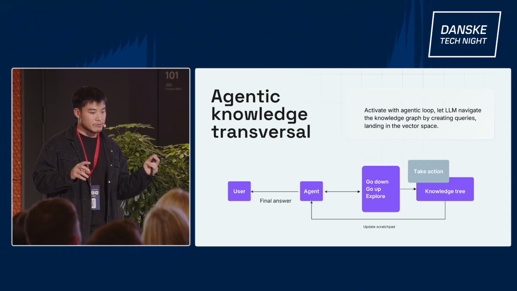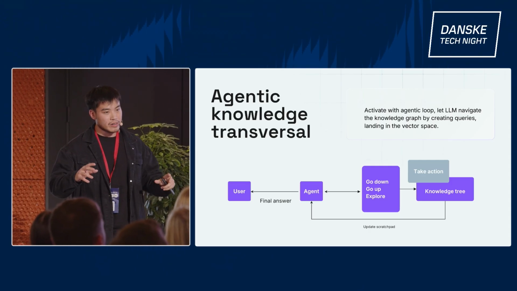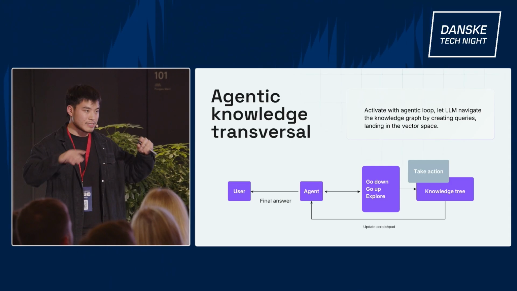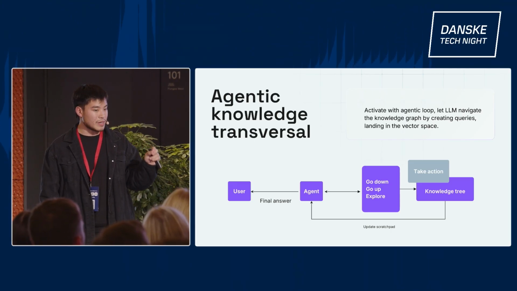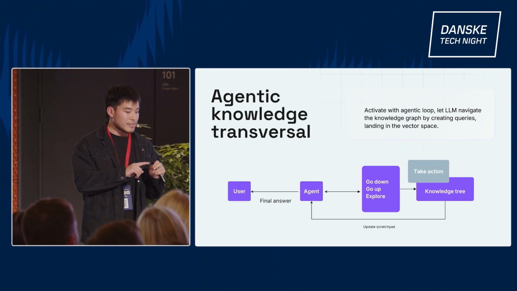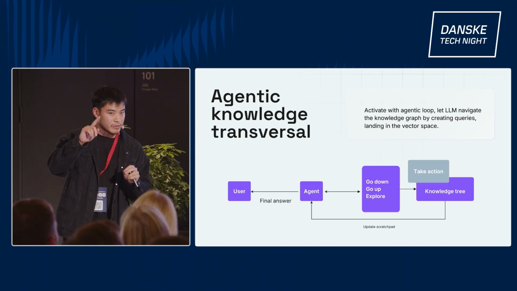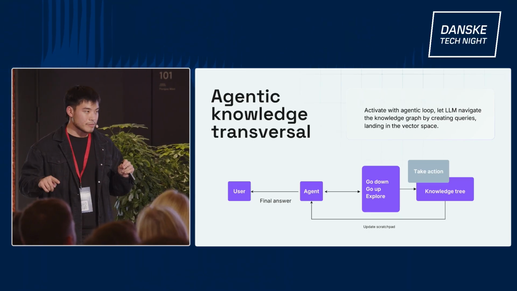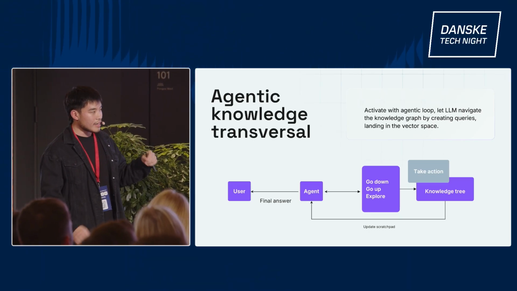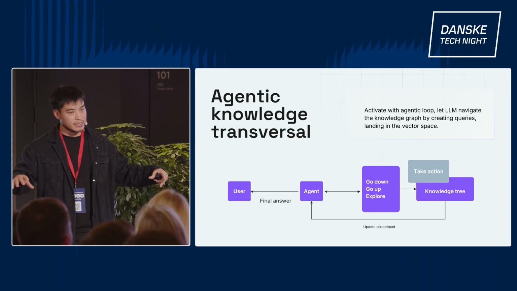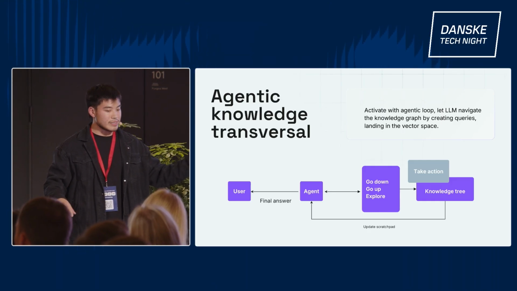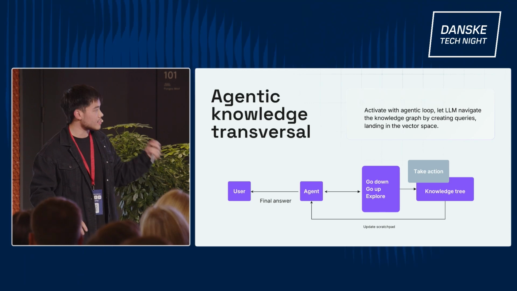Given the query, it will land somewhere in the graph that we were saying. It's kind of in a tree structure, and it lands in a specific node based on semantic similarity. Then it can either go up and go to the parent node, go down to one of the children nodes, or expand or explore the current node and see all the leaves in the current node, and aggregate that knowledge in order to inform its next action.